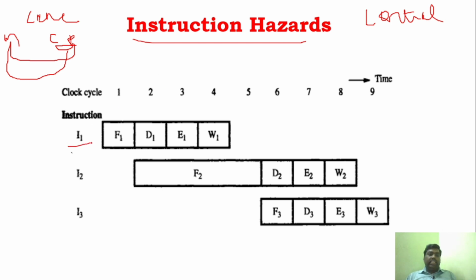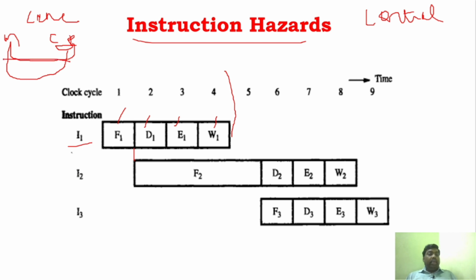You can see here instruction 1, there is no problem. It fetches, decodes, executes, and writes, and completes in 4 clock cycles. Now instruction 2: fetch starts at the 2nd clock cycle, but the cache does not have that information, or it misses that particular instruction, so it has to get the information from the main memory.